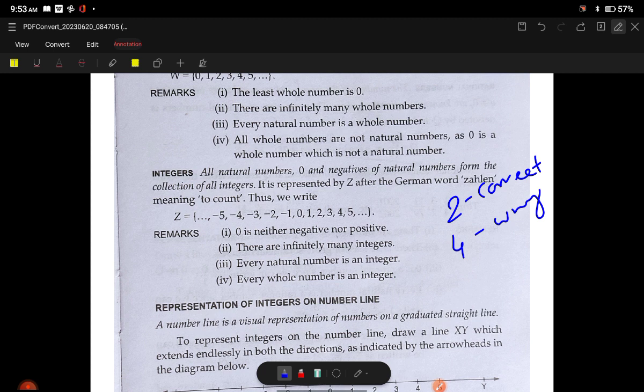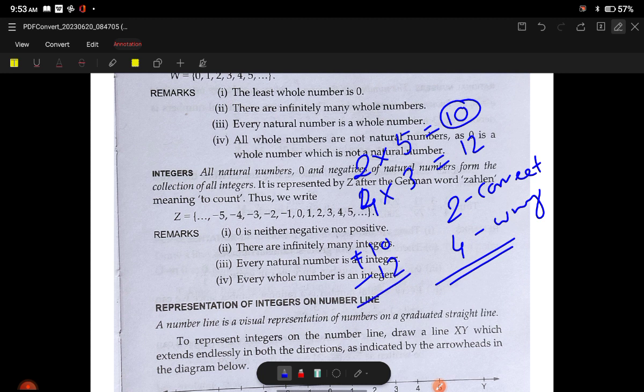So tell me what will be his mark. For each correct question it is plus 5, so this is 10, and for each wrong question it is minus 3, so 4 times 3 is 12. So now 10 correct marks, plus 10, and if we subtract 12 from 10, then what will be left?